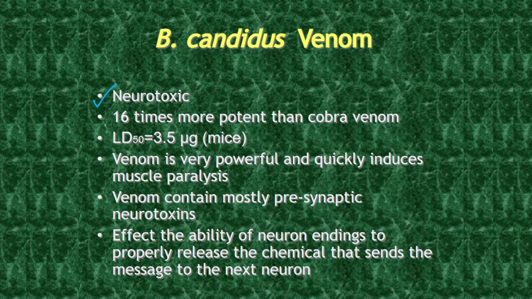It is a very potent toxin because, as you can see here, it's 16 times more potent than cobra venom, and its LD50, that is its lethality, is 3.5 microgram, which is considered very high. It's very powerful and induces muscle paralysis because it blocks the acetylcholine receptors.